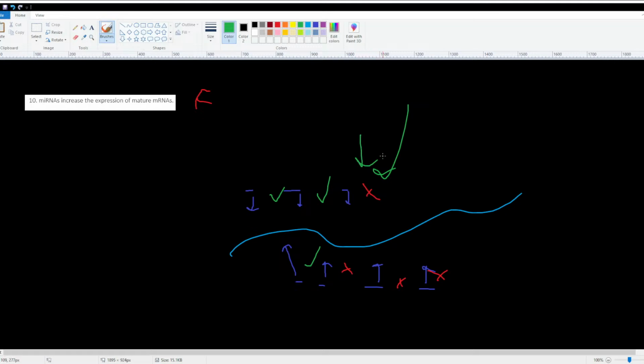It's going to see these errors in the mRNA and try to regulate them, either remove them or delete the mRNA. So this is the opposite of increasing expression. It's like a border guard or security checkpoint. It's not increasing the expression. So this answer would be false, therefore.